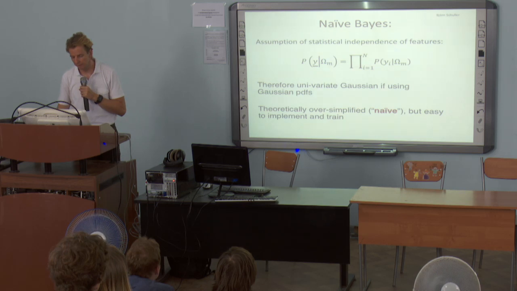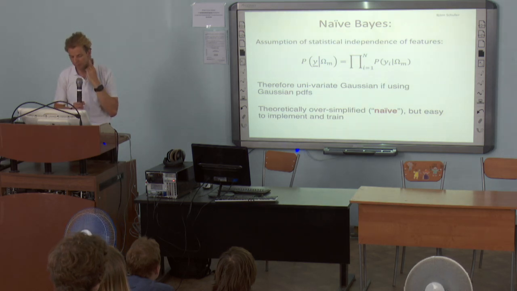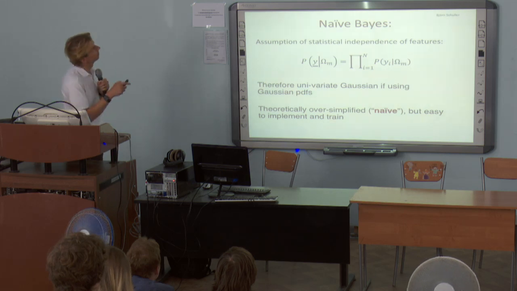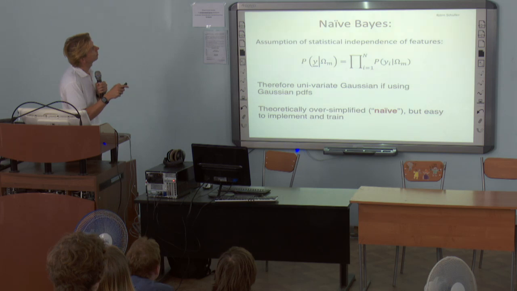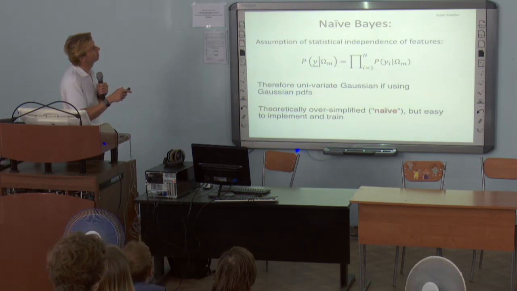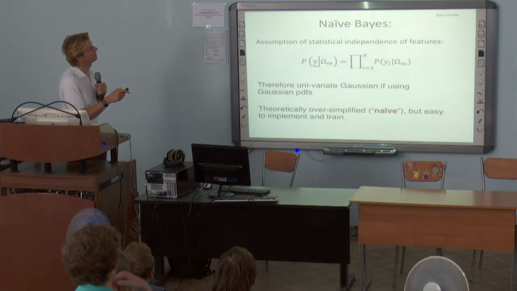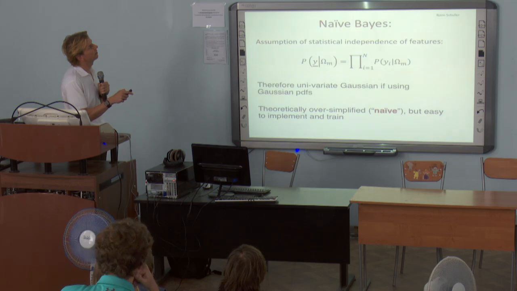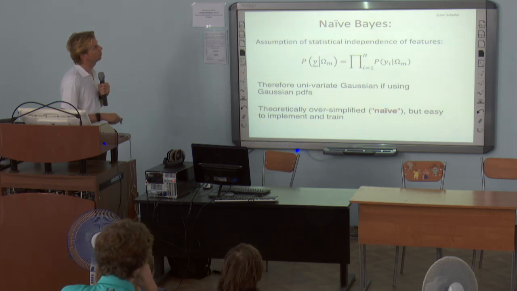Now, naive Bayes is simply assuming statistical independence of features, and hence turns this into a much simplified computation of a probability density function, a univariate or multivariate probability density function per feature dimension, and multiplies these conditional probabilities over all feature dimensions.